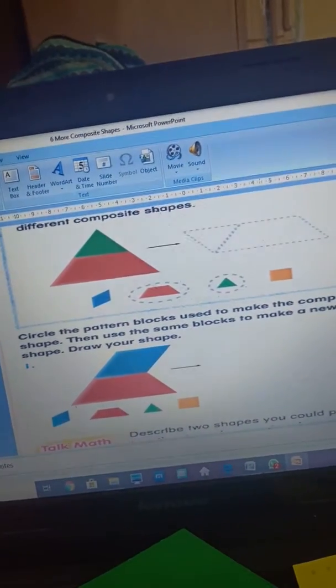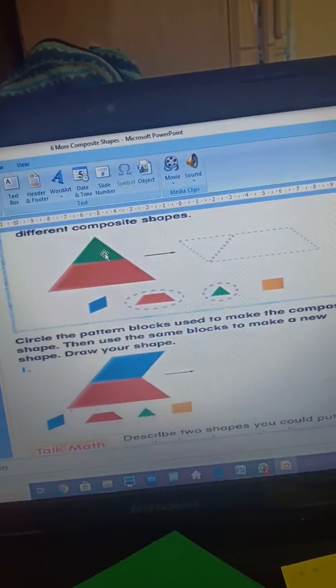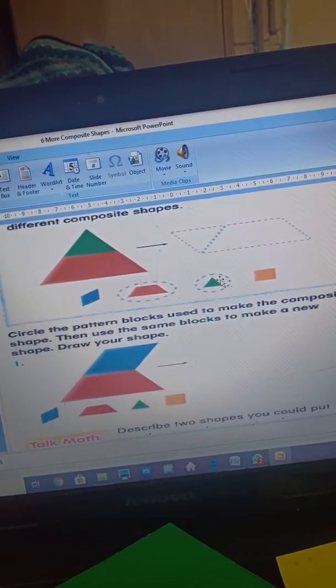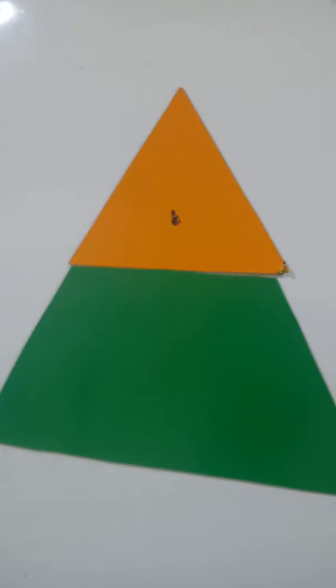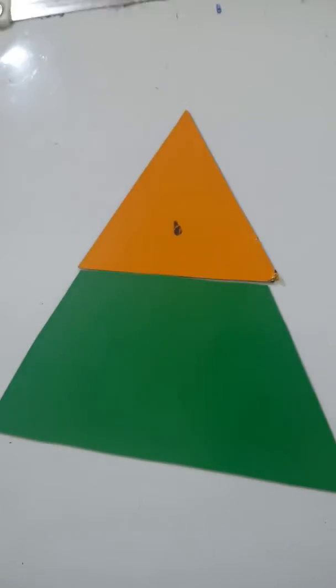On our book, we have this big triangle using the trapezoid and then the square. At first it's like this. Using the trapezoid and the triangle, we can make another composite shape.